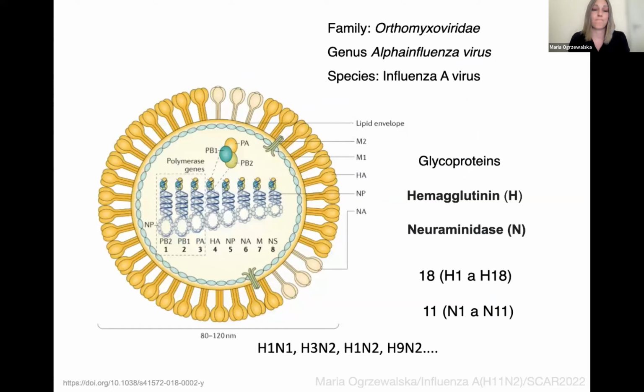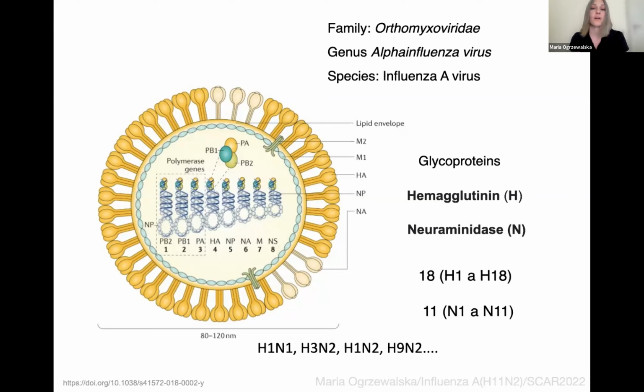The influenza virus is incredible. It's a really tricky and amazing virus, and its genome is divided into 8 parts. Inside the envelope of the virus we have RNA, and on the surface we have glycoproteins called hemagglutinin and neuraminidase.